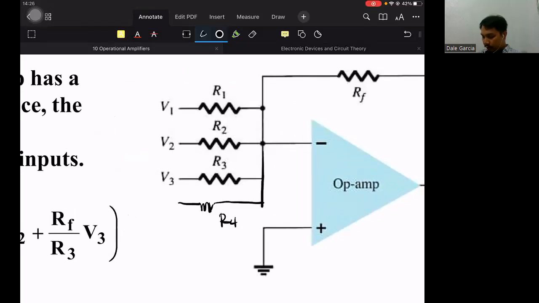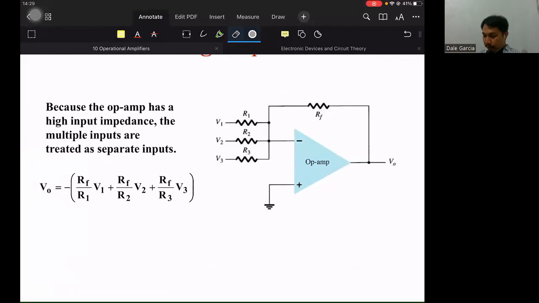This is R4, then V4. There's no limit to the number of inputs you can put in a summing amplifier. Here is R4, here is R5. The output is the amplified sum of the inputs.